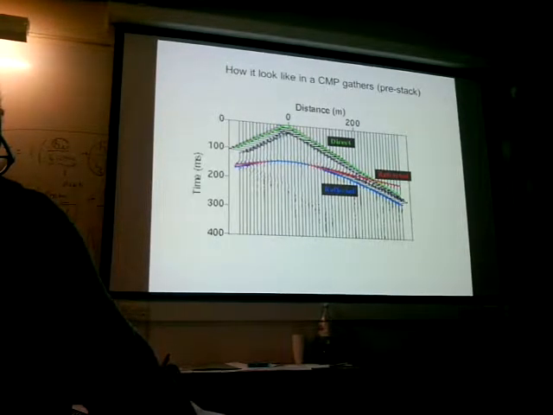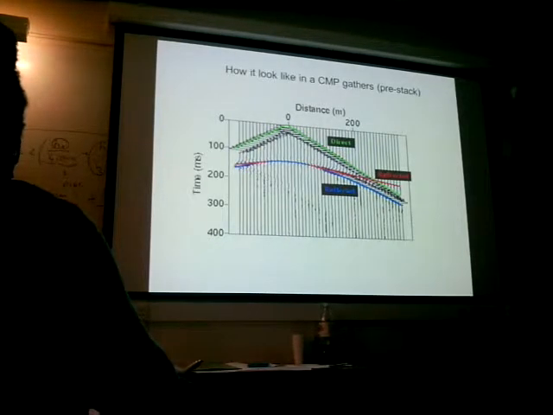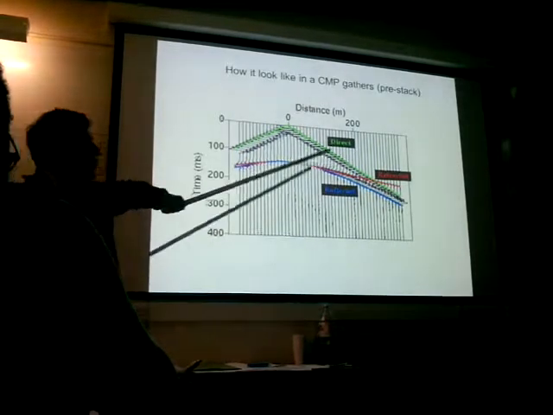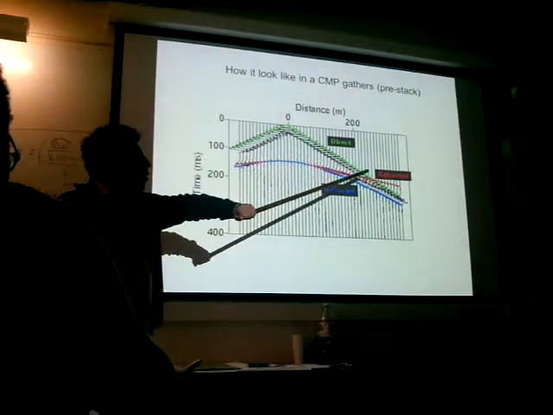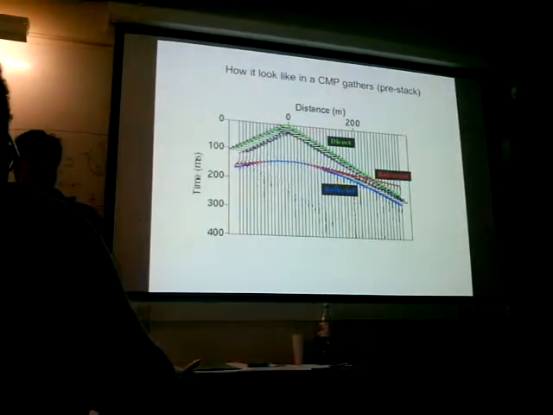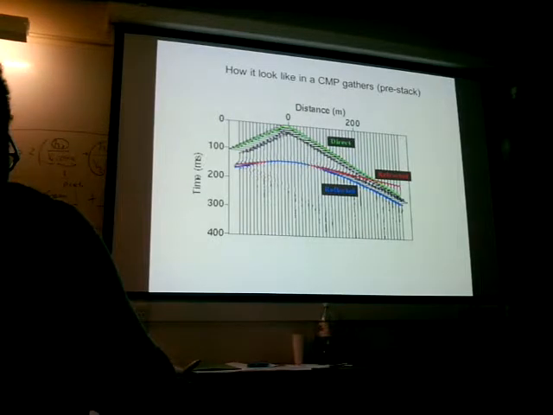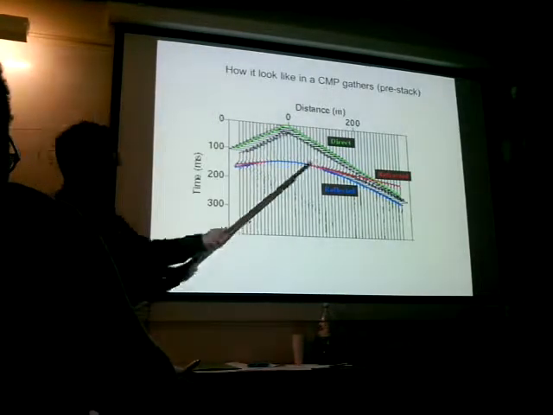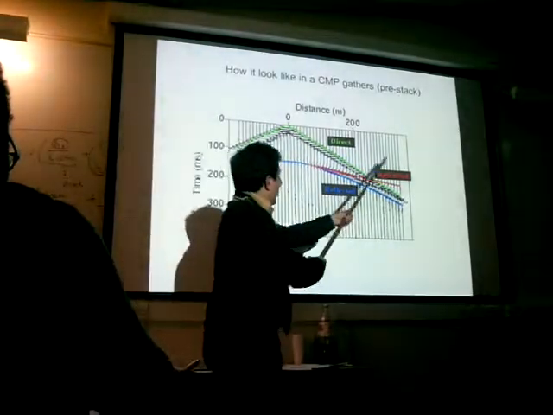But the processing activity of a geophysicist or geologist working as a processor is to get rid of all these kinds of objects, the direct wave and the refracted wave, to preserve at best the reflected wave. As you see, easy peasy if you are here, it's a mess if you are here.